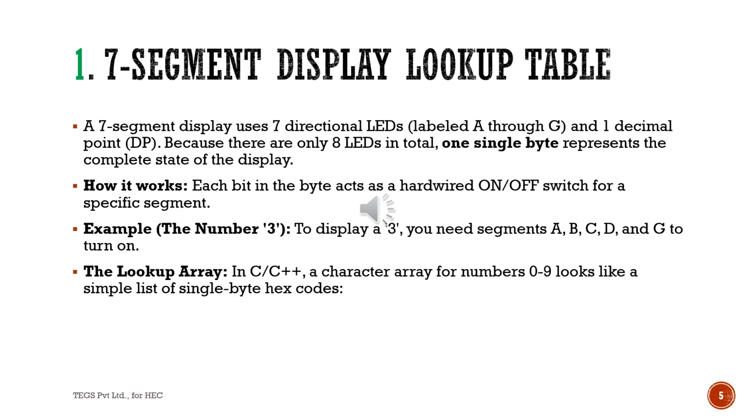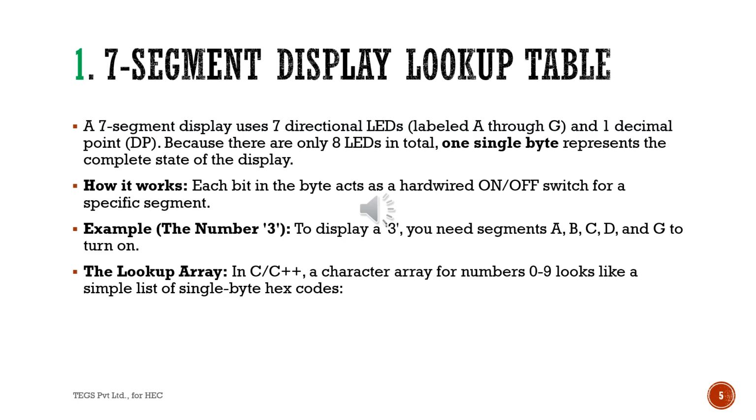1. 7-segment display lookup table. A 7-segment display uses 7 directional LEDs labeled A to G and 1 decimal point. Because there are only 8 LEDs in total, one single byte represents the complete state of the display.